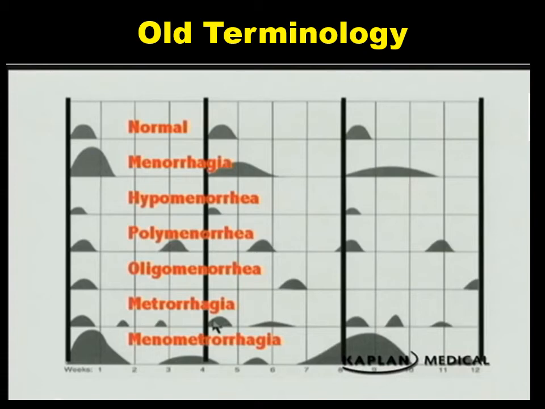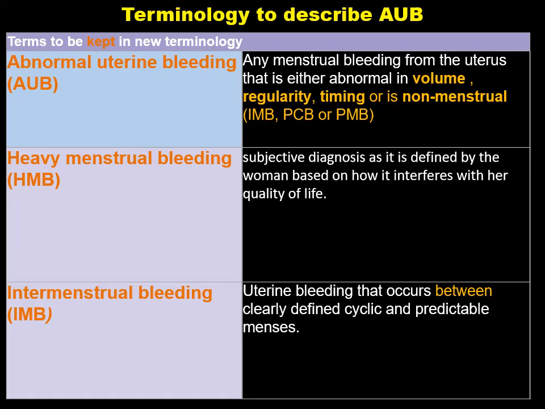Metrorrhagia, when we talk about irregular bleeding, we're not talking about the amount, we're talking about the frequency, irregular bleeding. Menometrorrhagia, irregular in timing and heavy. Please make sure you're familiar with the old terms.